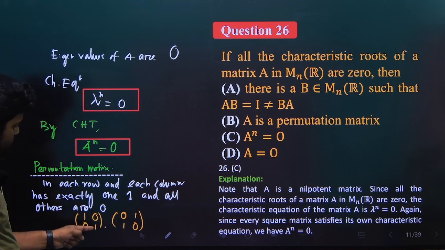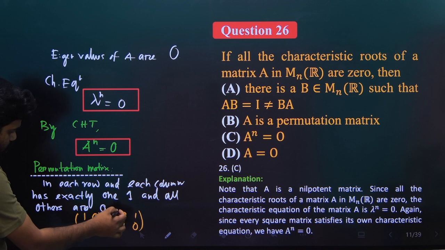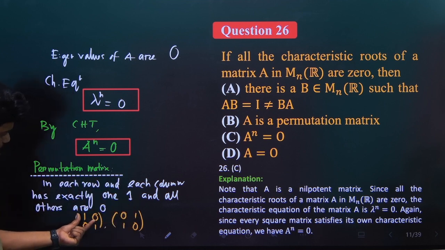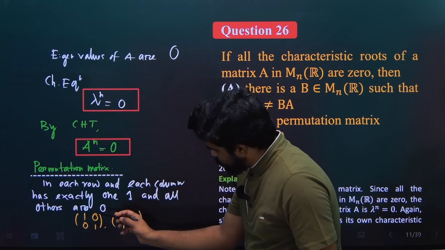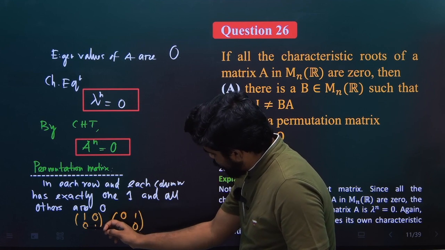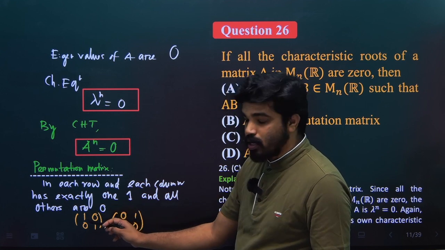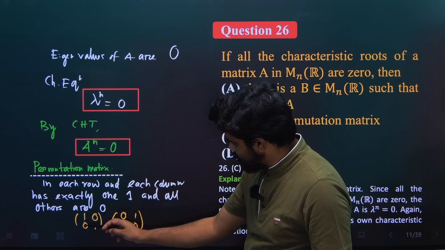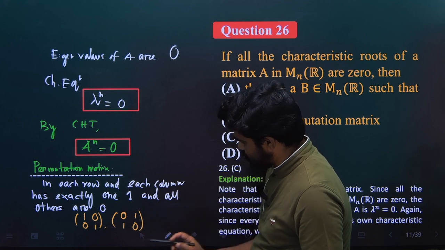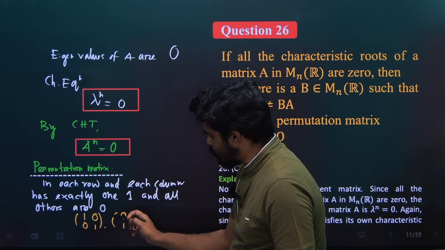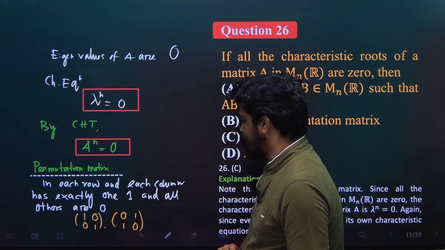It should be noted that in each row and each column there is exactly one 1. See, here there is only one 1, here only one 1, here only one 1, here only one 1. This column has one 1, and this column also has one 1. So this is an example of a permutation matrix.